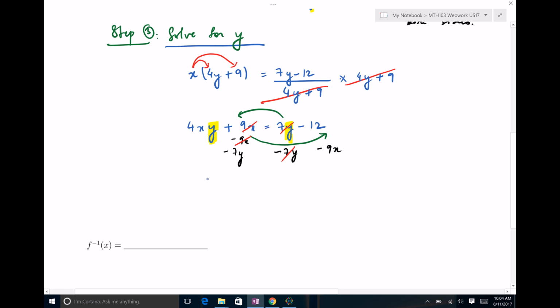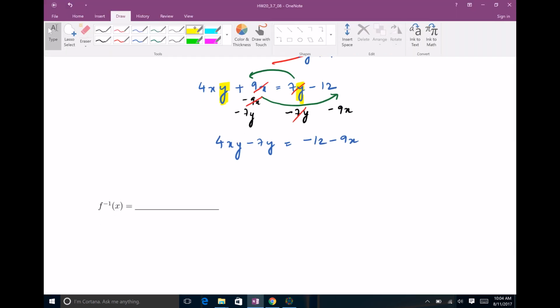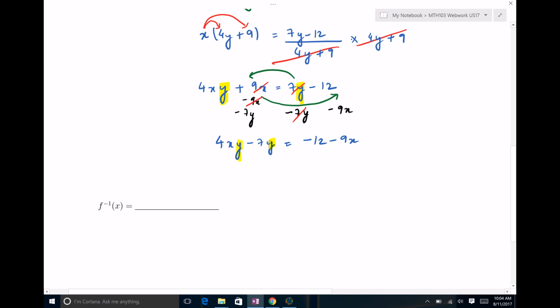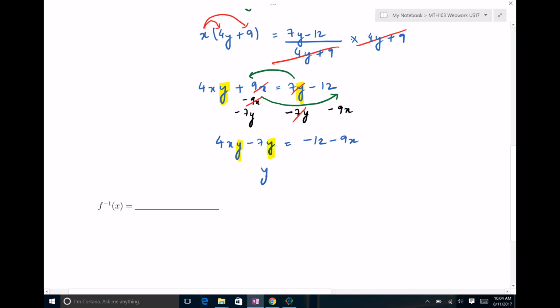So the new equation that I have is 4 times x times y minus 7y equals negative 12 minus 9x. Now remember, we're trying to solve for y, so y is common to both of these terms. I'm going to factor that out. So when I factor out a y, I'm left with just 4x with the first term, and when I factor out a y from the second term, I'm left with negative 7, equals negative 12 minus 9x.